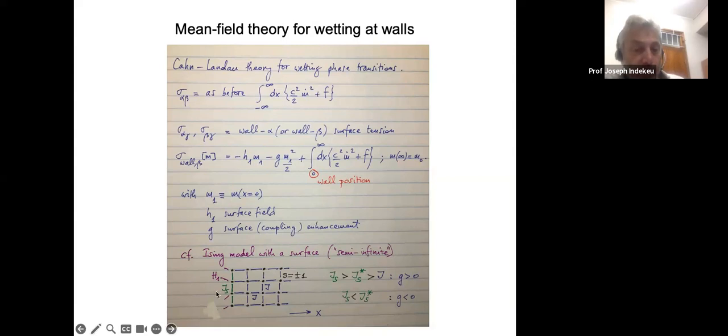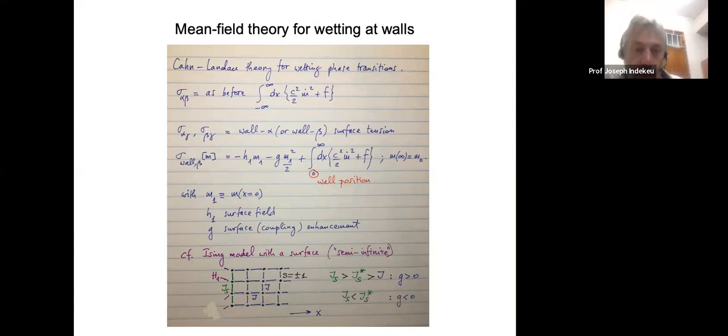But the surface field, of course, is not going to be 0 because the surface field is going to help us to get wetting. And so in this cartoon at the bottom of the slide, I've drawn a little piece of, let's say, a two-dimensional square lattice Ising model.